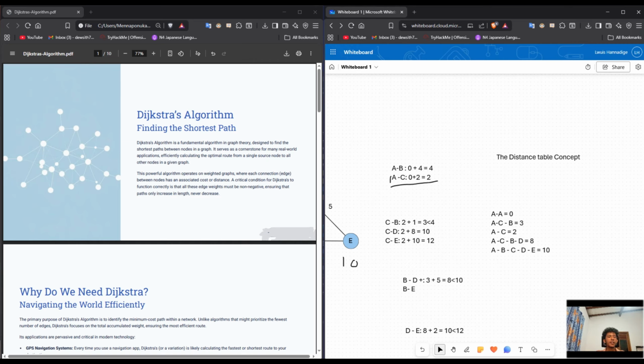So these are the final distances. A to A is 0, A to C to B is 3, A to C is 2, A to D via B is 8, and A to E is 10.